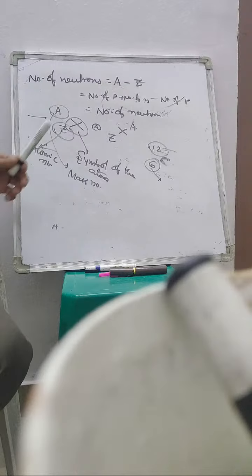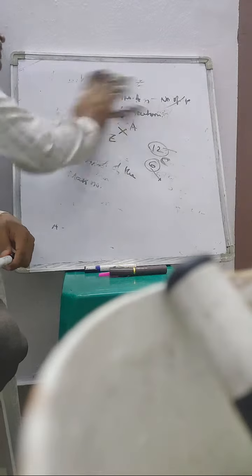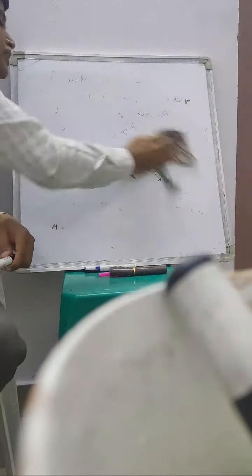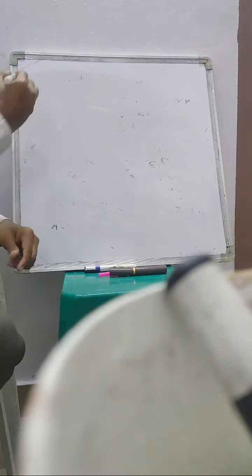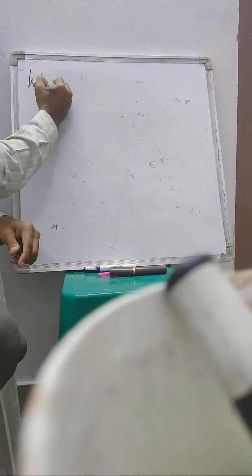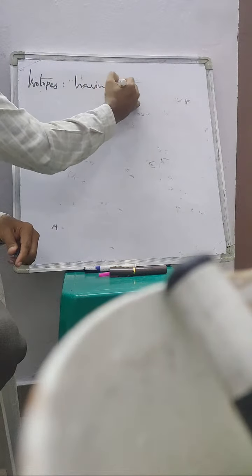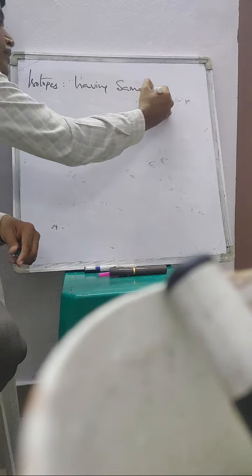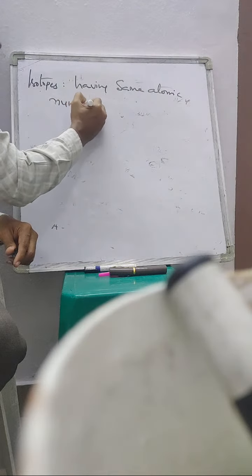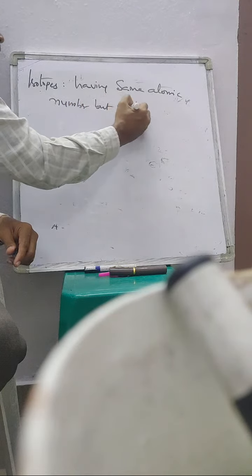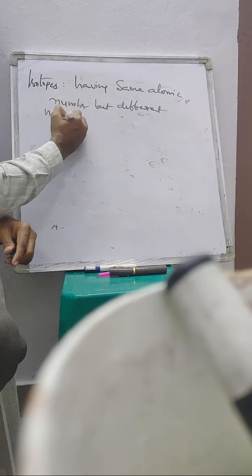In this atomic number concept, we need to know certain words such as isotopes. The first word is isotopes. What are isotopes? Isotopes are the species having the same atomic number but different mass numbers.